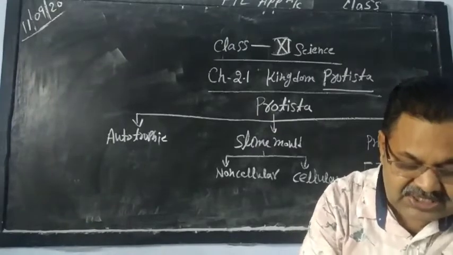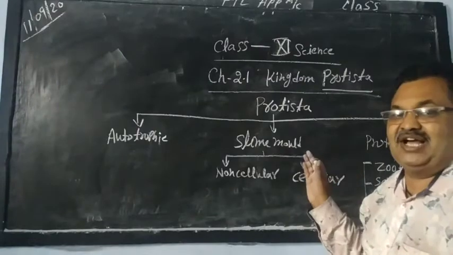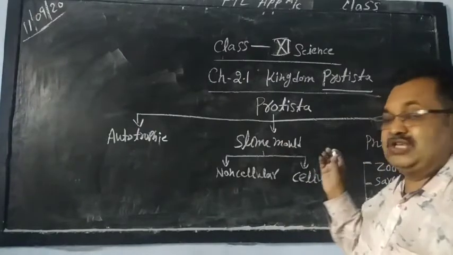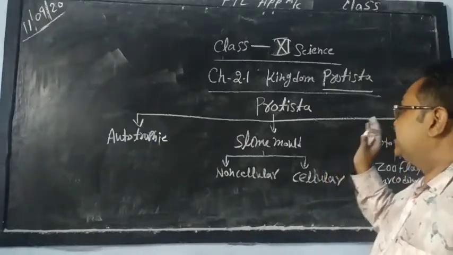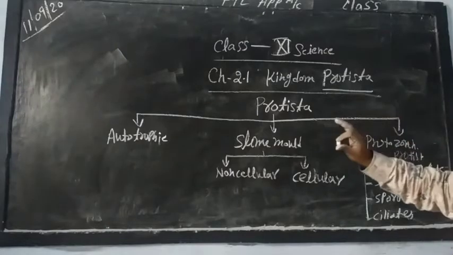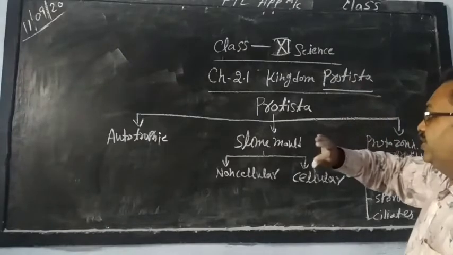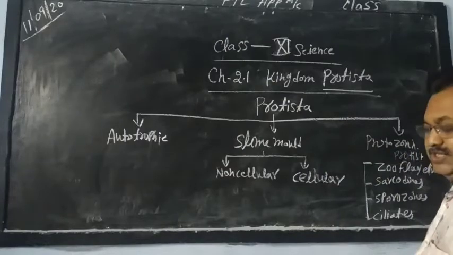Next one is ciliates. Their locomotory organ is cilia. Example, paramecium. So this is the classification of Protista. They are classified into three groups: autotrophic, slime mold, and protozoans.